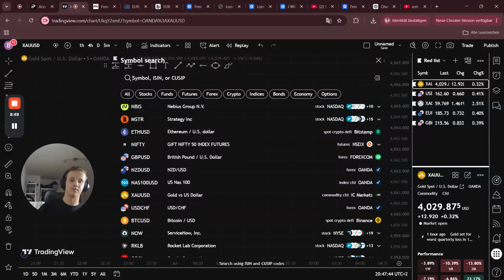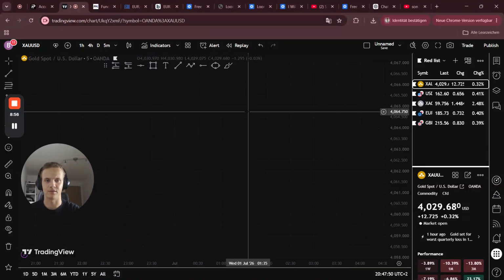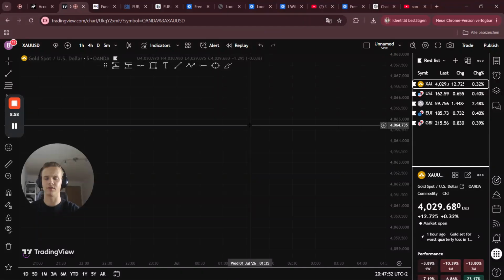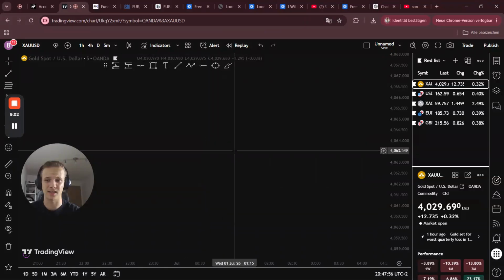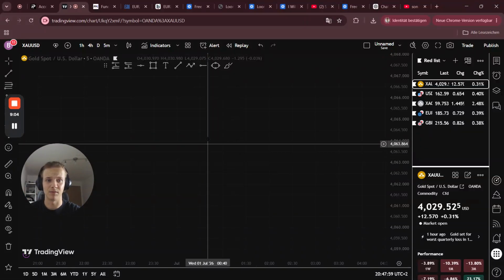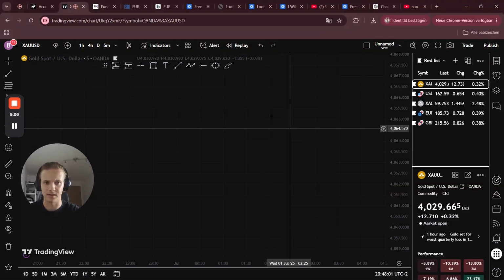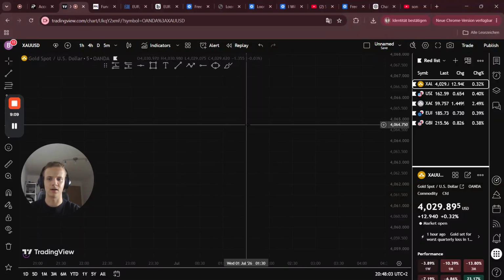They have live accounts. I think Pepperstone has funded accounts, but I'm not sure. But they clearly have live accounts. If you have a live account from their company, it's okay. You can use that on TradingView, but just keep in mind that the ticks and the candle closes are completely different on TradingView in relation to MetaTrader.